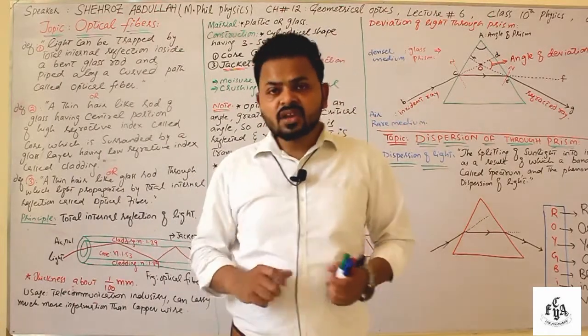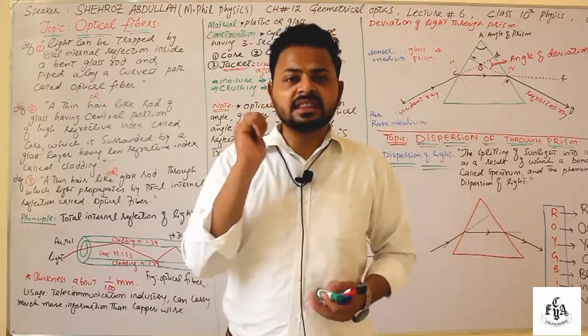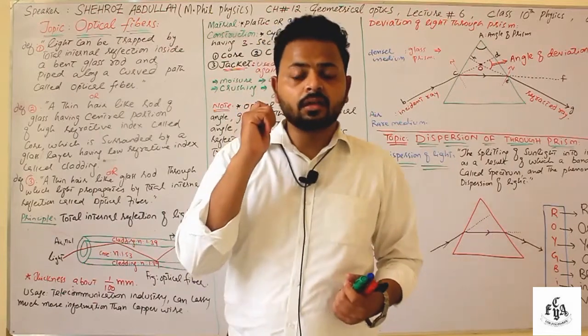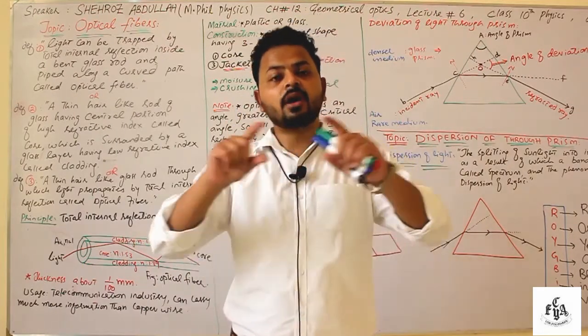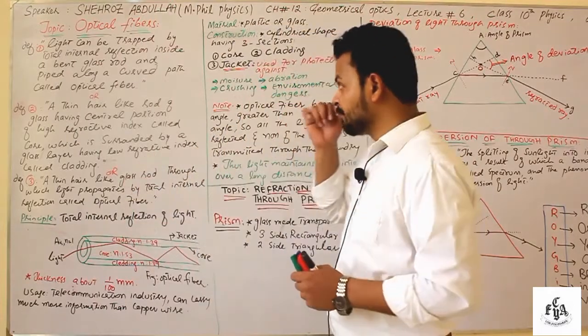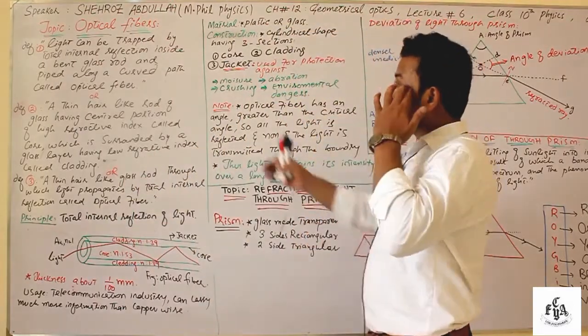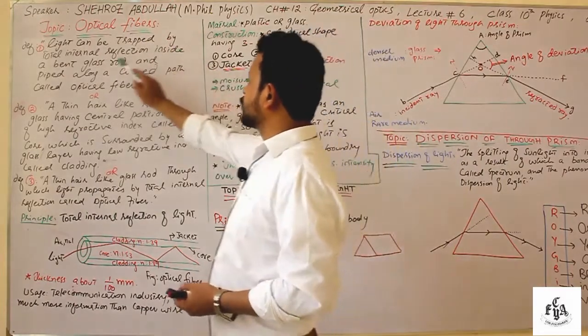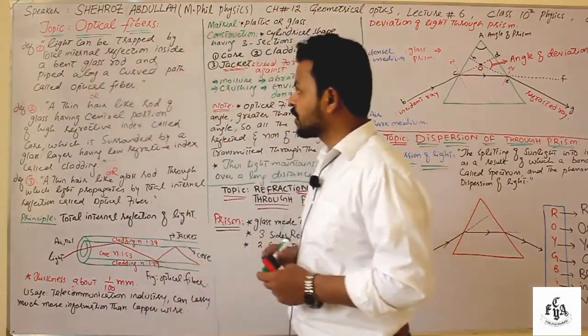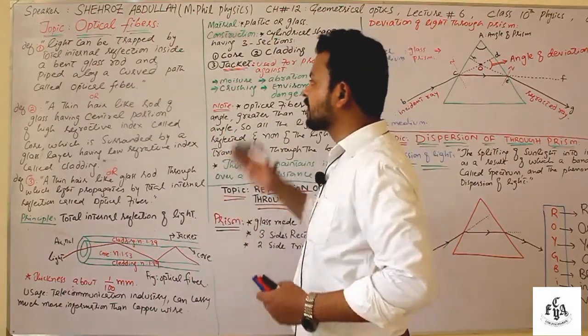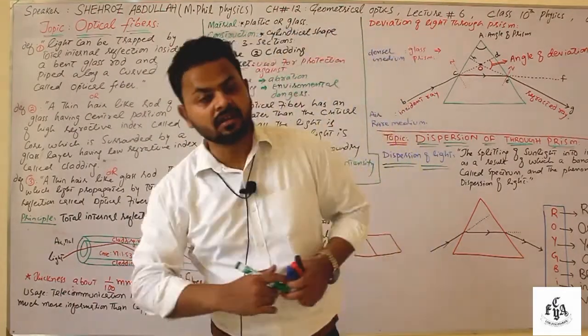Optical fibers are very thin, glass or rod-shaped materials, used in the form of wires. Look, light can be trapped by total internal reflection inside a bent glass rod and piped along a curved path, known as optical fiber.